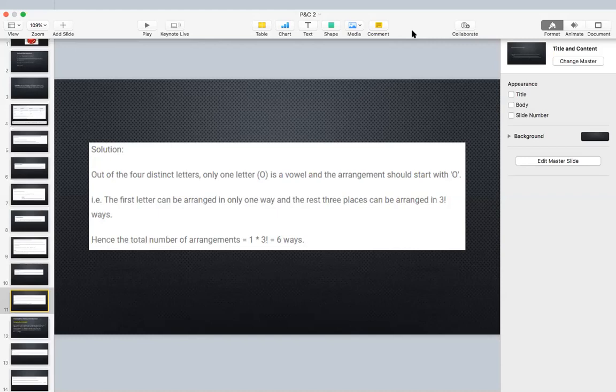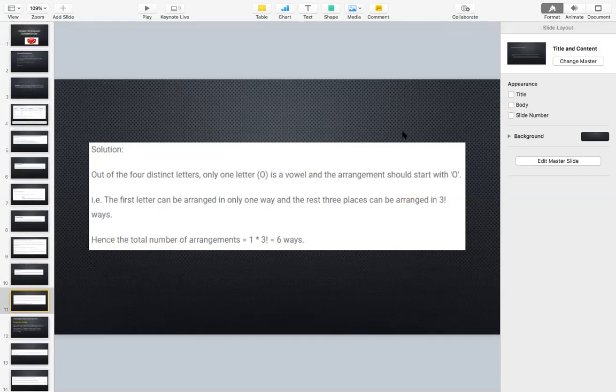Suryadev has given the answer as 3 factorial into 7 factorial. Okay, let's discuss the solution now.